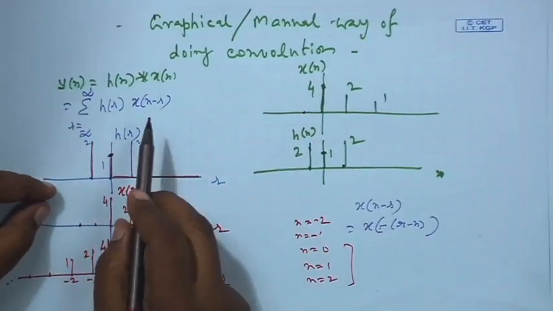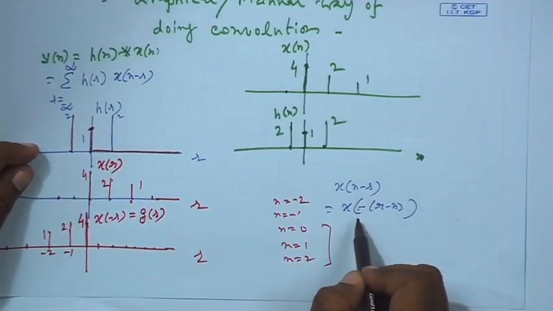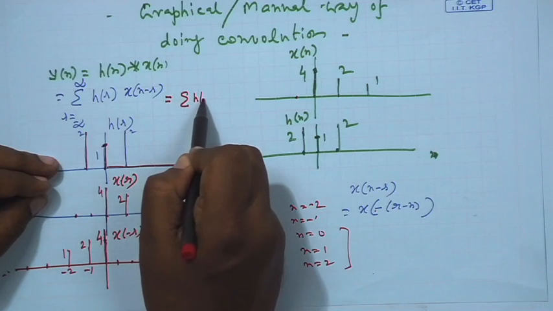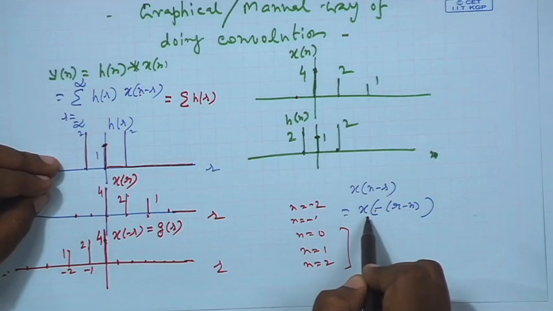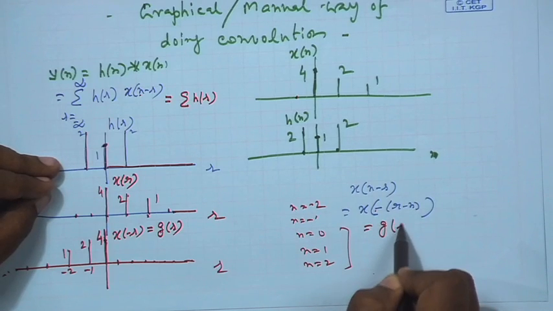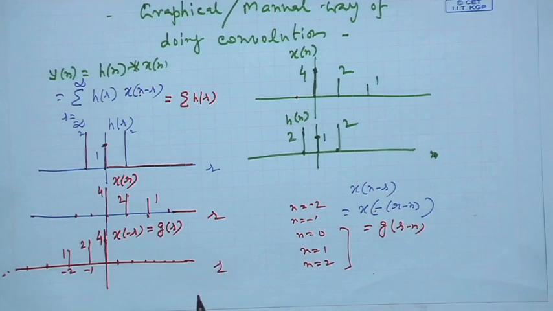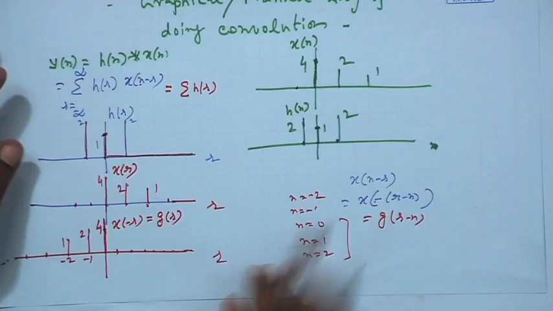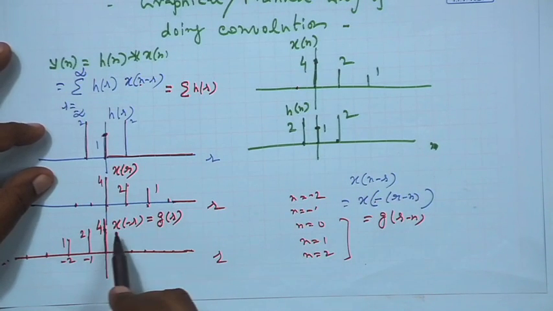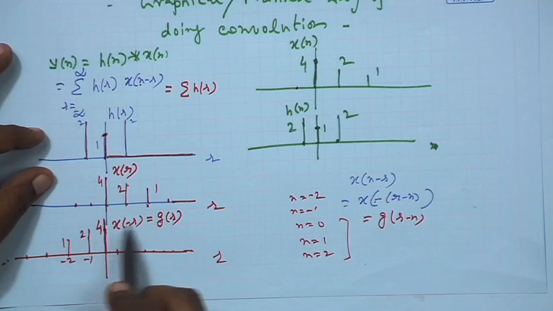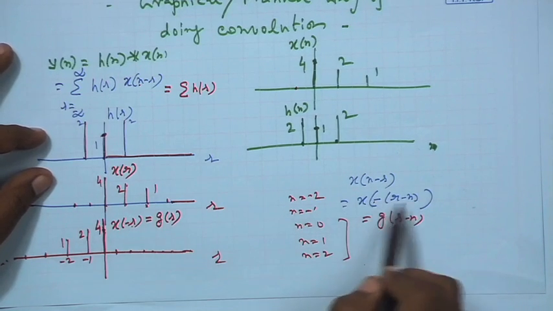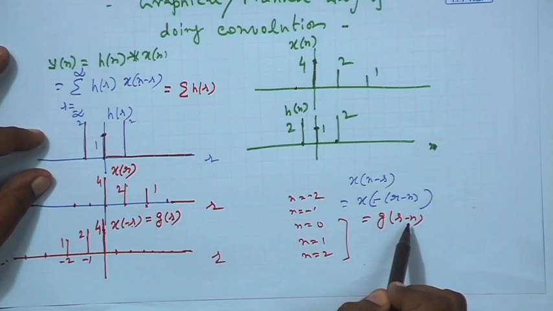N equal to 0 means this will be, if you write x of n minus r, that is x of minus r minus n, that means g of r minus n, because what is g r? g r is x of minus r. g of l is x of minus l, g of k is x of minus k, g of r is x of minus r, g of m is x of minus m, x of minus some index is g of that index.